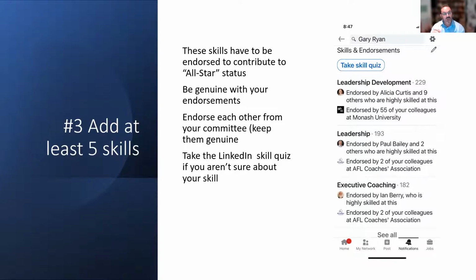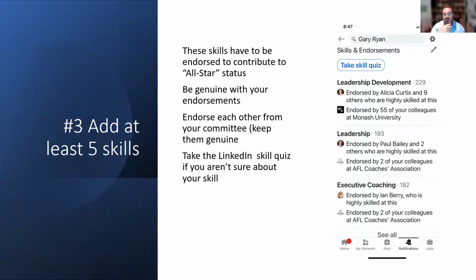LinkedIn will ask you how you know them, and it will ask you what was your relationship with this person, okay? Because that will also contribute to LinkedIn accepting your endorsement. So be ready for that information. But that's why, if you're working on a committee together, you can endorse each other, okay?